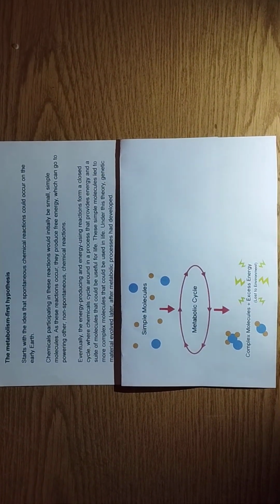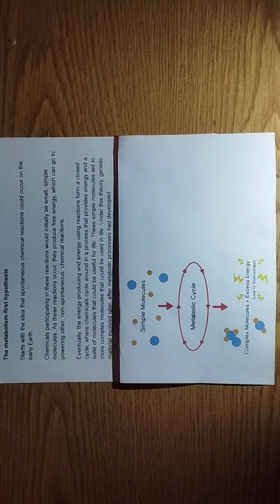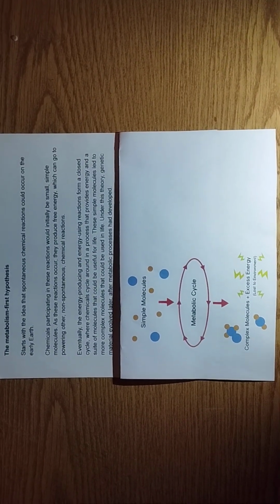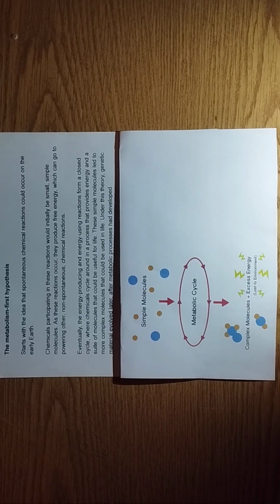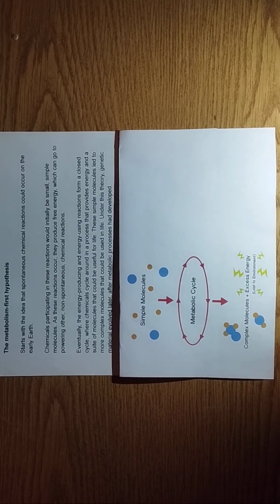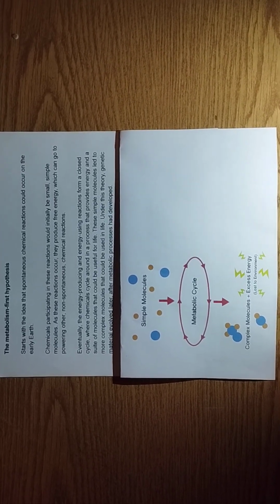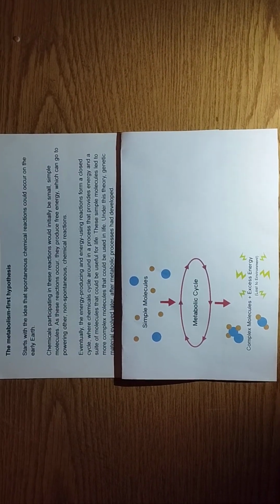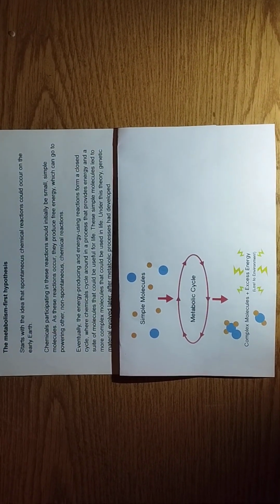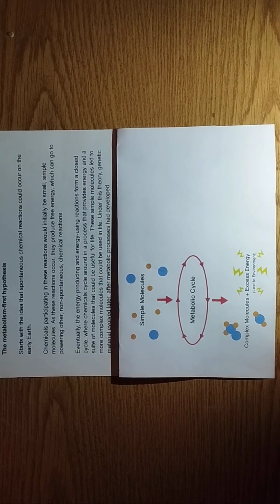Eventually, the energy production and energy use in reactions form a closed cycle, a process that provides energy and a suite of molecules that could be useful for life. These simple molecules led to more complex molecules that could be used in life. Under this theory, genetic material evolved later, after metabolic processes had developed.